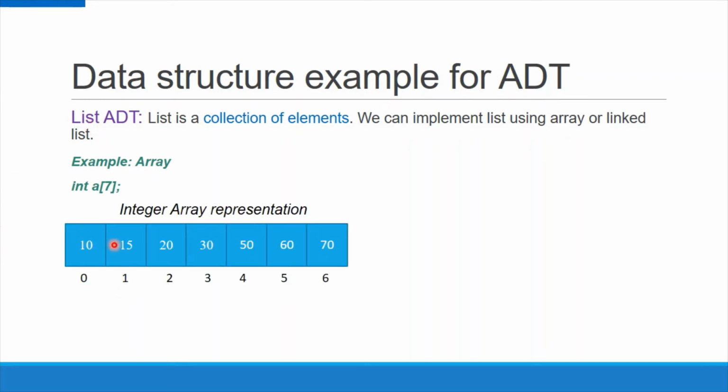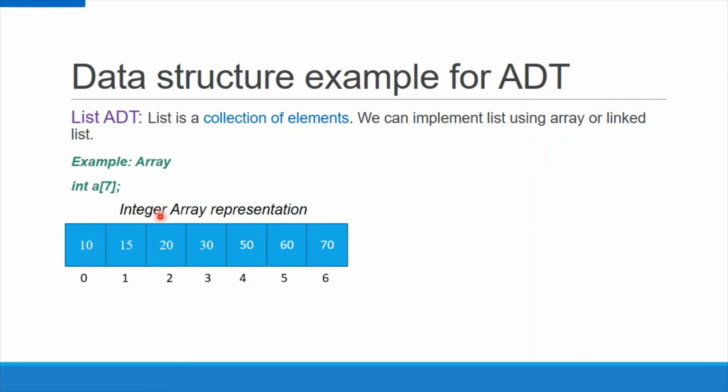Here I have taken an integer array. I have declared int a[7]. This int is my data type, this a is my array name, and the 7 represents the size of the array.